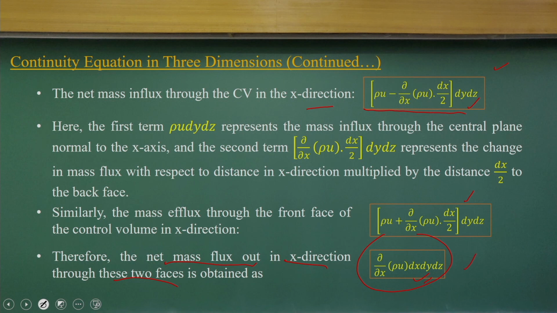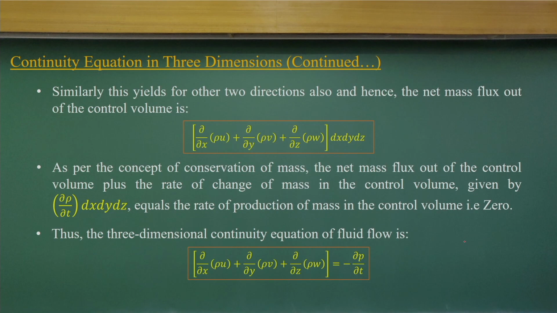In the same way we can do it for the y direction, and also for the z direction. Combining all three, the net mass outflux will be this x direction term, this y direction term and this z direction term, multiplied by dx dy dz.